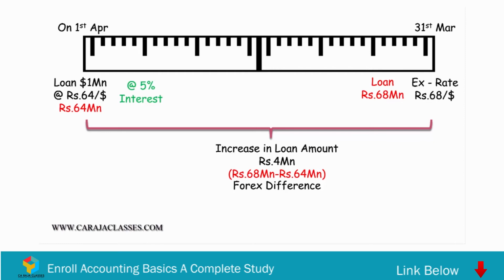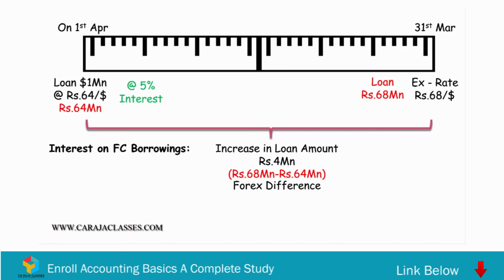But in this, some portion can be considered as borrowing cost. How? For that, you have to find out your interest in your foreign currency borrowing, and compare that with interest in home currency borrowing. Now let's see what is going to be the interest on foreign currency borrowing.